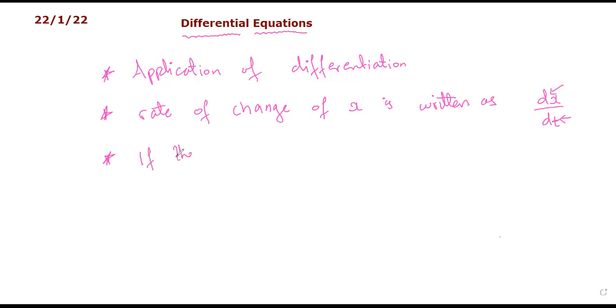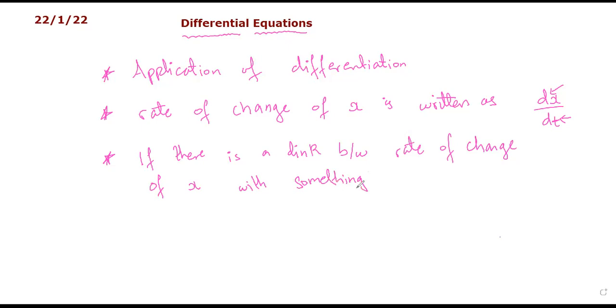If there is a link between rate of change of x with something, because obviously in different situations we will have different things, we use differential equations.